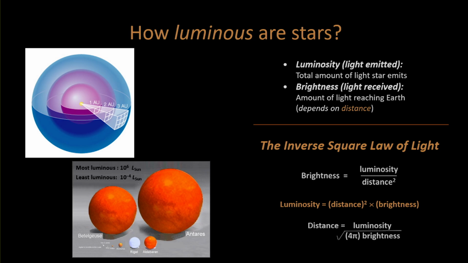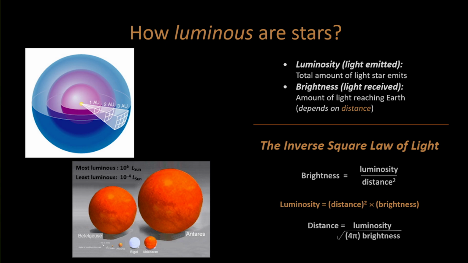Now we don't normally calculate brightness, we normally measure brightness. So we normally turn the equation around, as you can see here, because what we are really after is the luminosity. In other words, if we measure the distance with parallax and we measure the brightness, we have the luminosity.